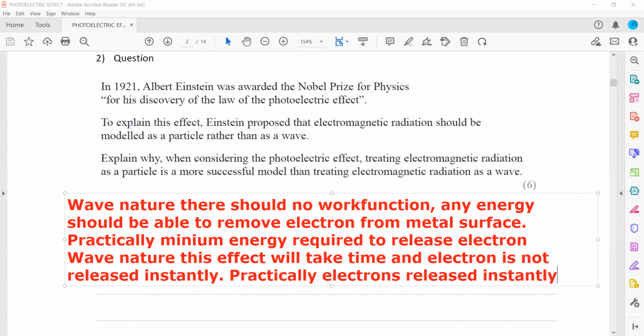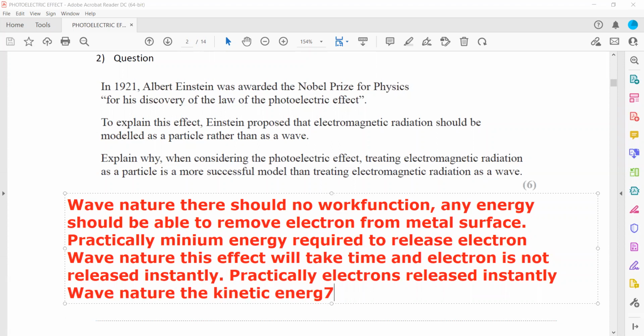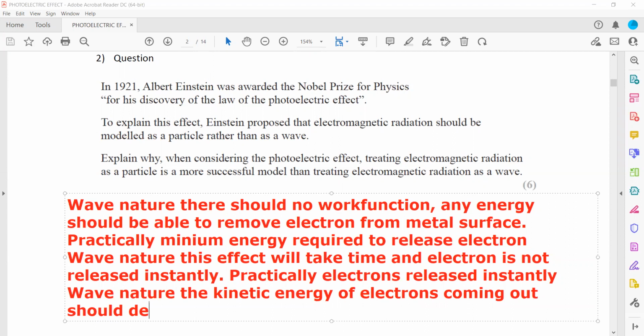And according to wave nature, the kinetic energy of electrons coming out should depend on intensity. So if light has a wave nature, if we change the intensity of the light, the kinetic energy of the electron should change.